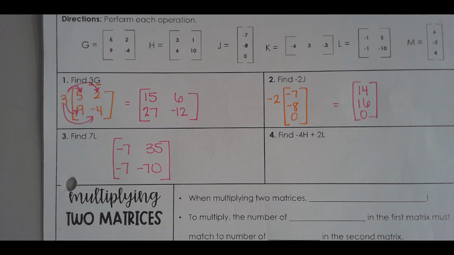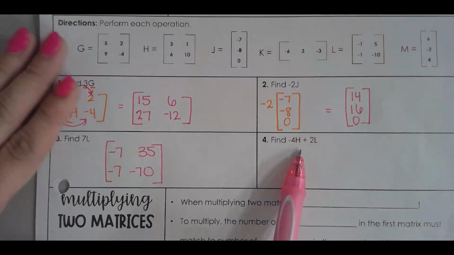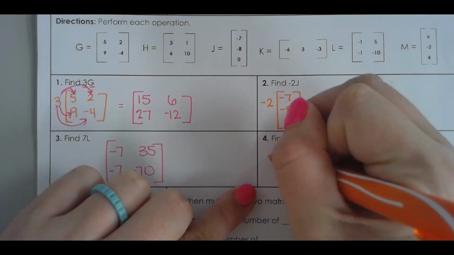Number 4 is a little bit harder because I've got 2 matrices together. So you're going to take H times negative 4, take L times 2, and then just add the 2 together. I didn't leave you enough room, really. Negative 4H.